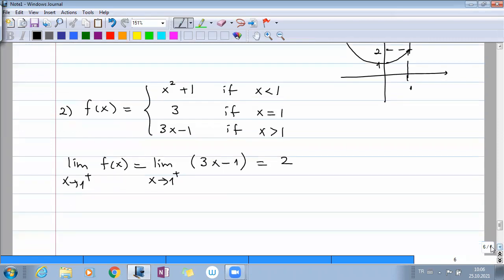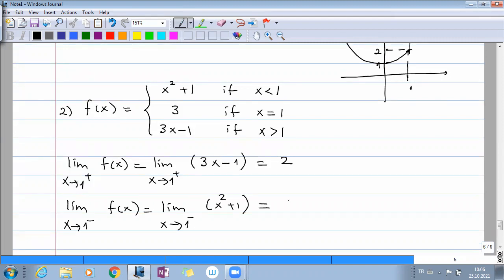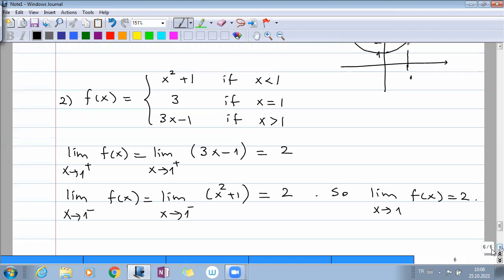And the left limit, when x is less than 1, the function is defined to be x squared plus 1. So the left limit is also 2. So this tells us that the limit of the function as x goes to 1 is equal to 2. So if the right limit and left limit turn out to be the same number, then that number is our limit.